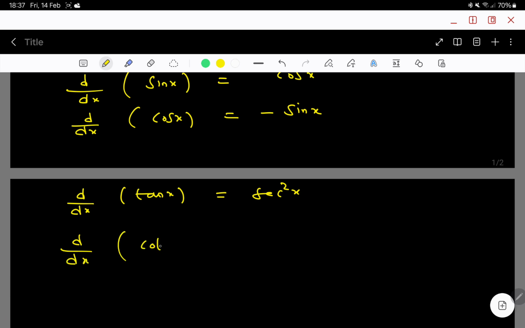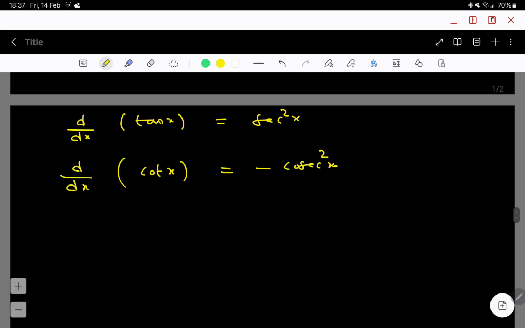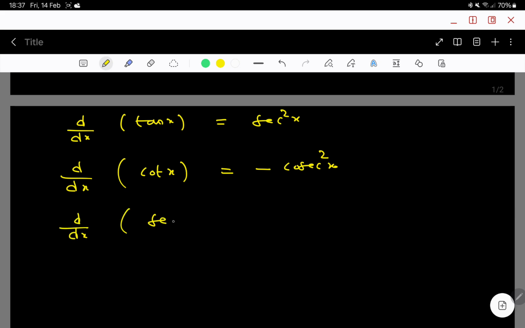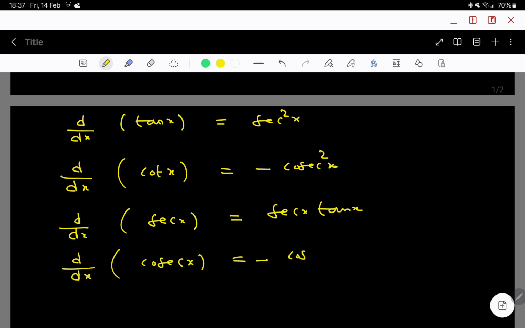D by dx of cot x, minus cosecant square x. D by dx of secant x, it is secant x tan x. D by dx of cosecant x, it is minus cosecant x cot x.